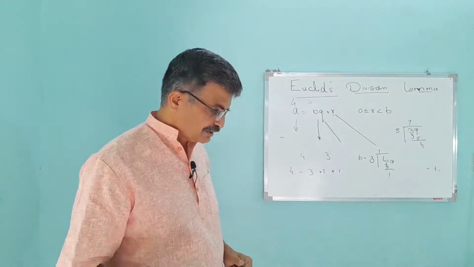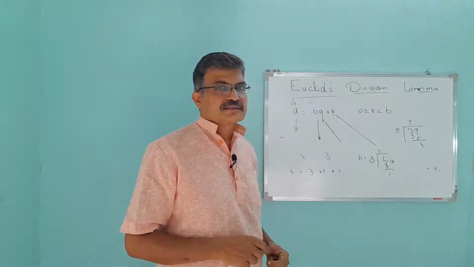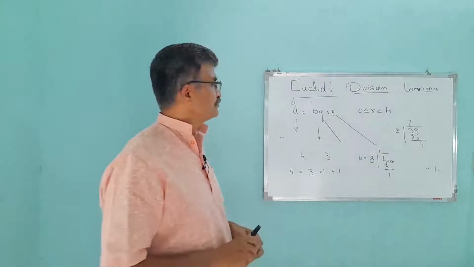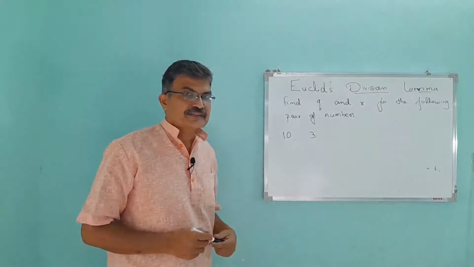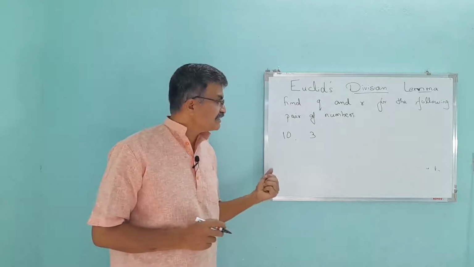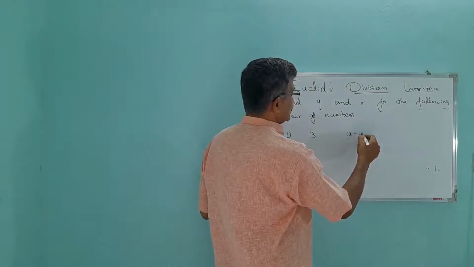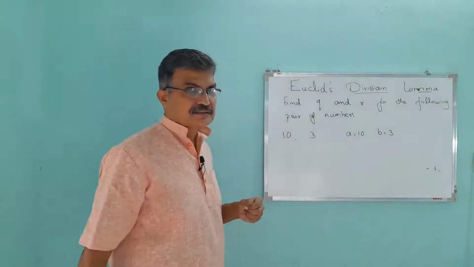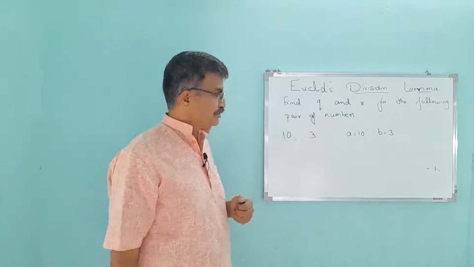Now let us look at some other examples to check Euclid's division lemma. Find q and r for the following pair of numbers: 10 and 3. Here a is 10 and b is equal to 3. Don't get confused.